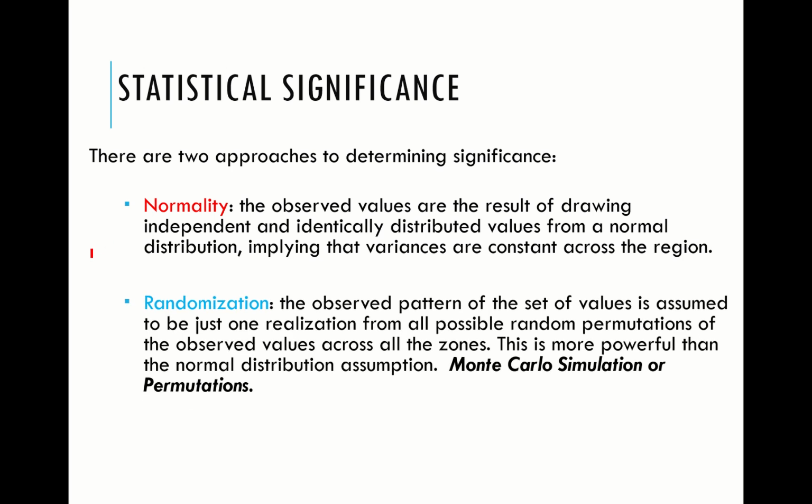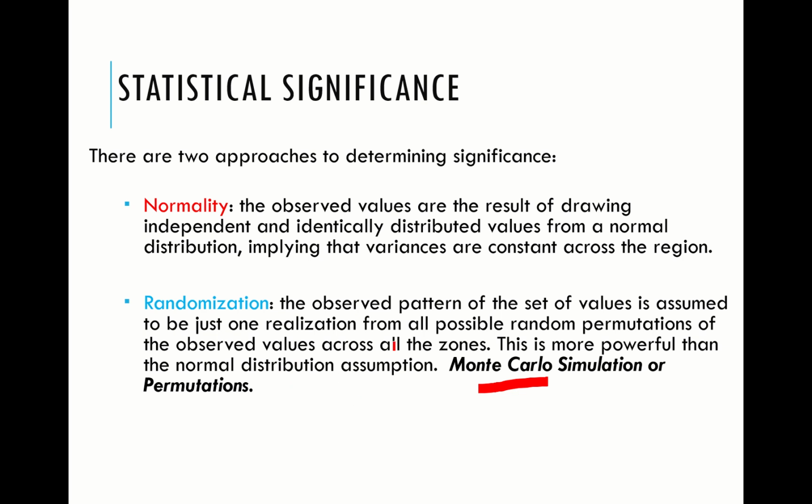Another one that we're going to see, and we haven't looked at yet in Geog, is randomization. Basically what Geog does in the Moran's I test is calculate a whole bunch of permutations using what's known as a Monte Carlo simulation. All these permutations are different possible combinations of the spatial arrangement of your variable.